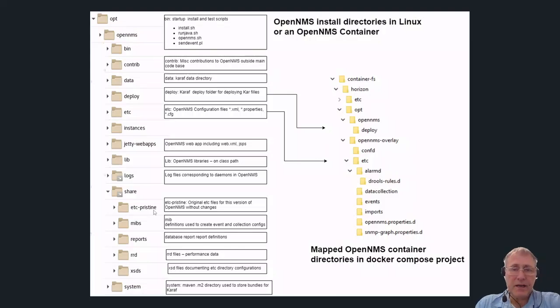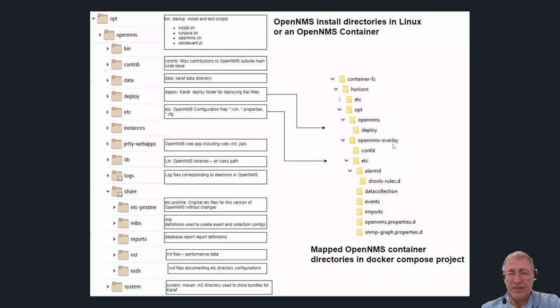Now, in a container, this will be set up exactly the same way, but we set up the container so that the OpenNMS overlay is going to be copied into the etc directory. When OpenNMS starts up, it copies the files out of OpenNMS overlay into its etc directory and runs with them from there.